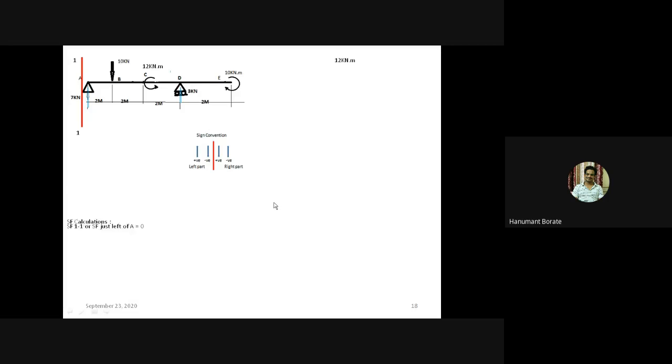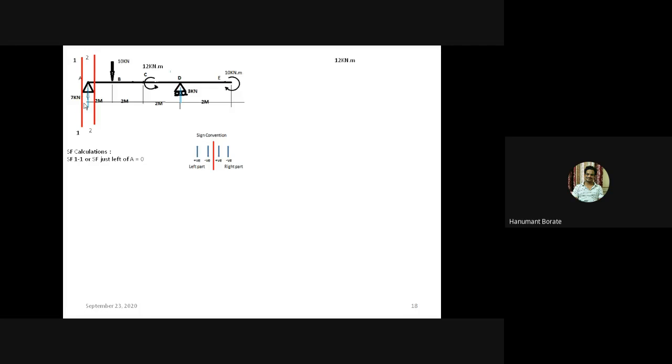If we take a section here, then apply the sign convention. If we take section 1-1 and divide the beam, the right part goes on the right, and in the left part there is not any single portion of the beam, so we can directly say SF equal to 0.